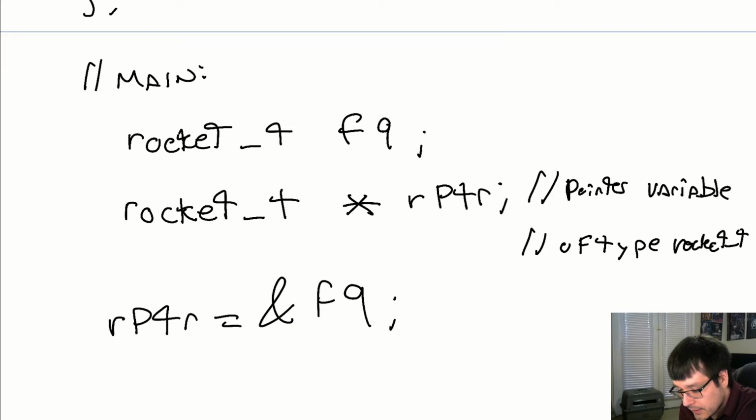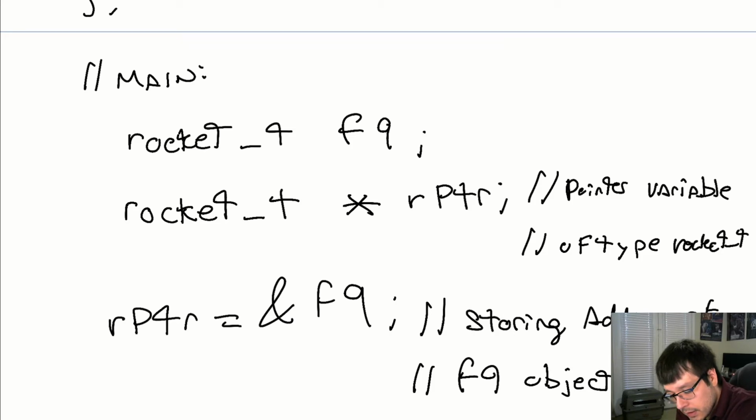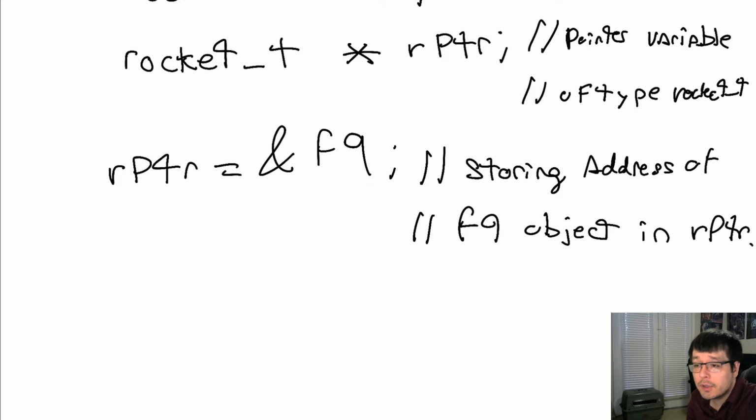Okay, so what I'm doing again is I'm storing the address of the Falcon 9 object in RPTR. Okay? Storing the address of the F9 object in RPTR.